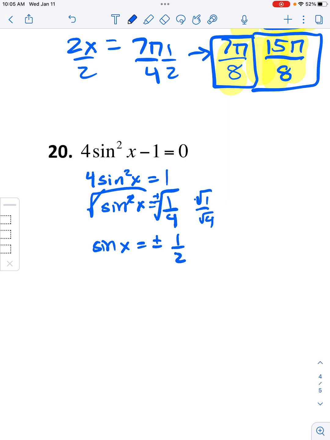And again, there's no multiple angle in here. My x is just singular, like it's not 2x or 3x. So I'm simply going to the unit circle and seeing where that's true. And that is true at these values. All right, so then that is what I'm looking for.